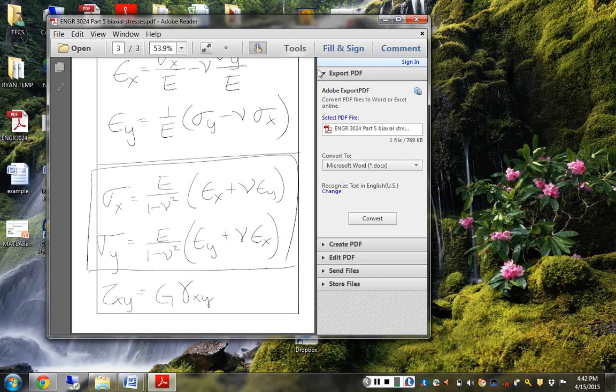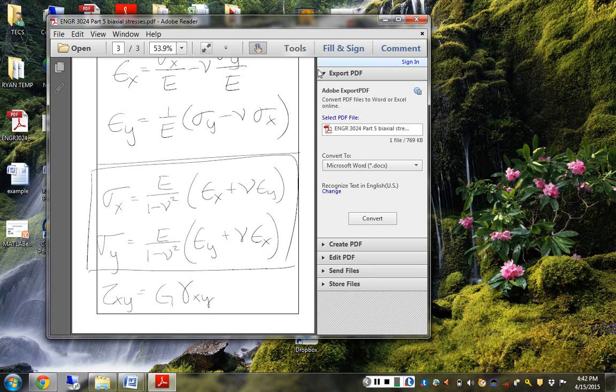If I have my x and y direction, remember from our coordinate system that we stuck on our pressure vessel, which one is our hoop? Y. Hoop is y. So in your little notes right there, put hoop by the y's and axial by the x's.